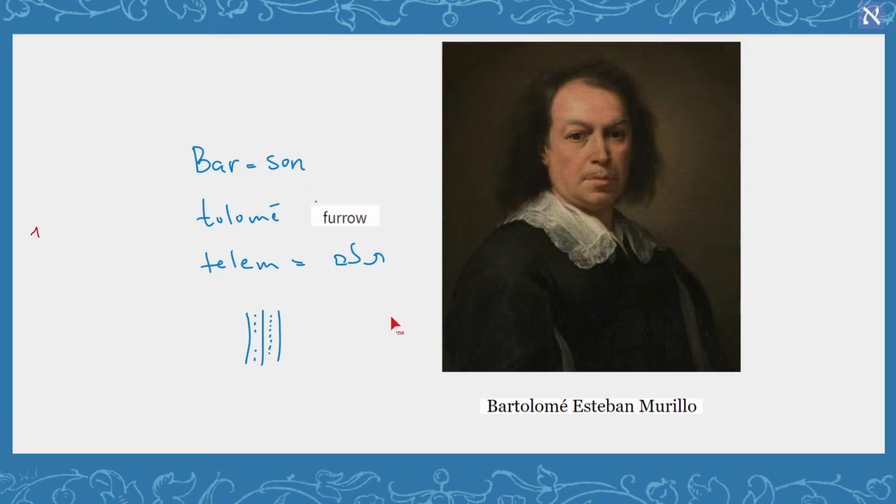How do we read this word? Furrow? Yes, the son of the furrow. This is the meaning of his name in Aramaic, Bartholomew. Bar Telem, the son of this row in the ground that we plow, where we put the seeds in the ground.